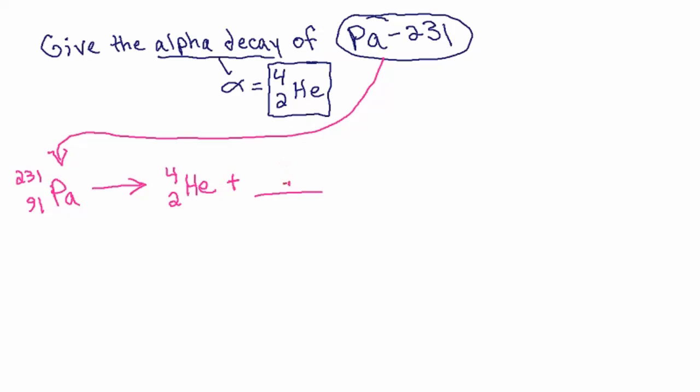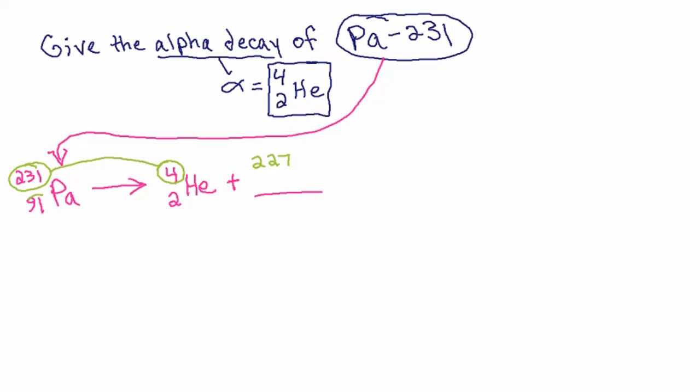Well, let's look at the differences here. If we look at the 231 from the Pa, and we already have 4 accounted for from the alpha decay, so we only need 227.